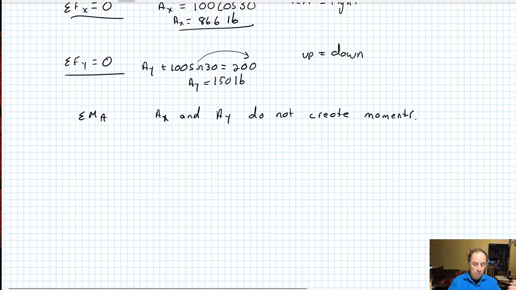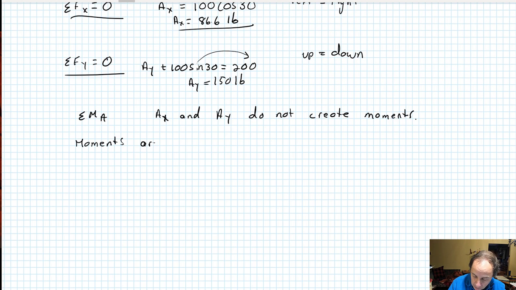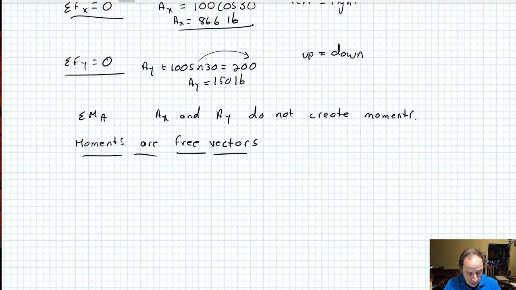And this is an important thing: the applied moments do not drop out. Moments are free vectors, meaning you can't make it drop out. It's trying to twist the entire piece, so it's applied to the whole part, not to just one specific location in the part.